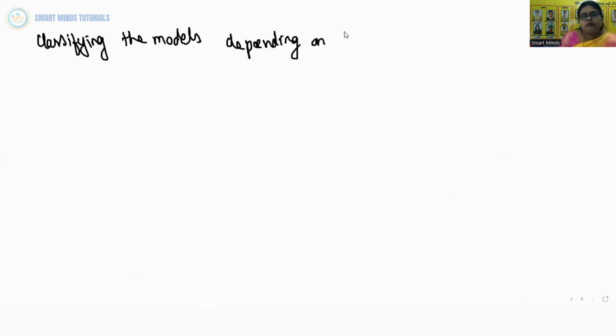Now we will see how to classify the models. Classifying the models depending on the values of aij's.